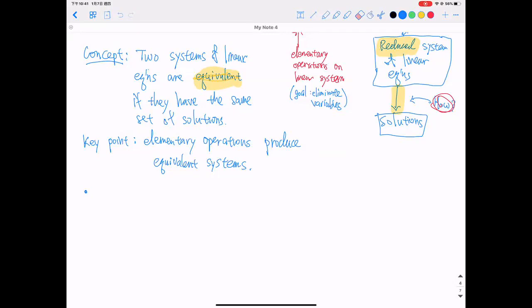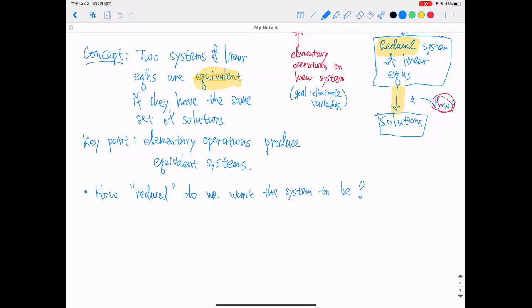So to put it this way, how, quote, reduced do we want the system to be in order for us to resolve the solutions?